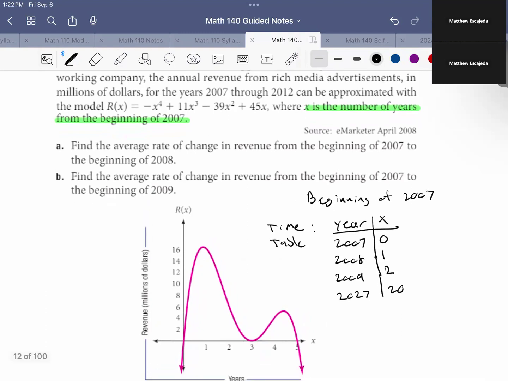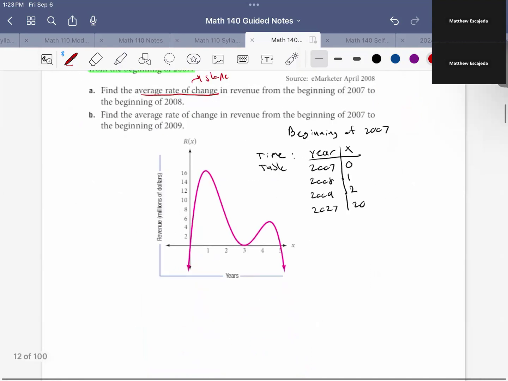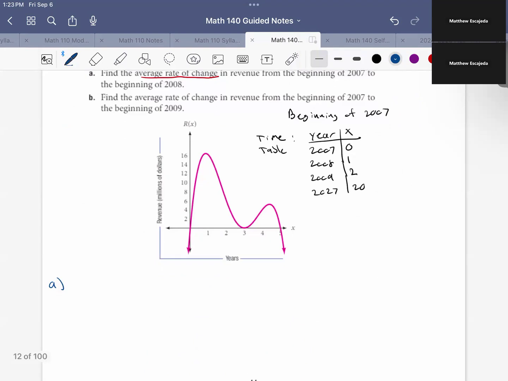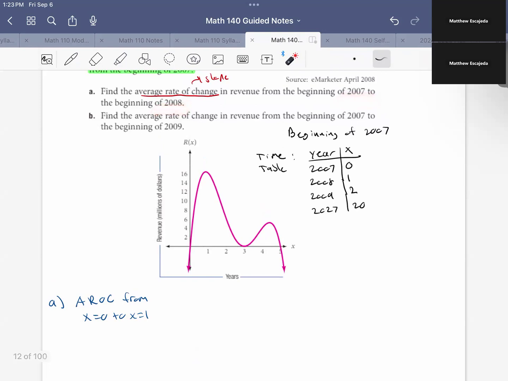Question A: find the average rate of change in revenue from the beginning of 2007 to the beginning of 2008. Remember that average rate of change is just a slope. So for part A, we want to find the average rate of change from x equals 0 to x equals 1, because we're checking out 2007 to 2008, which is going from 0 to 1.